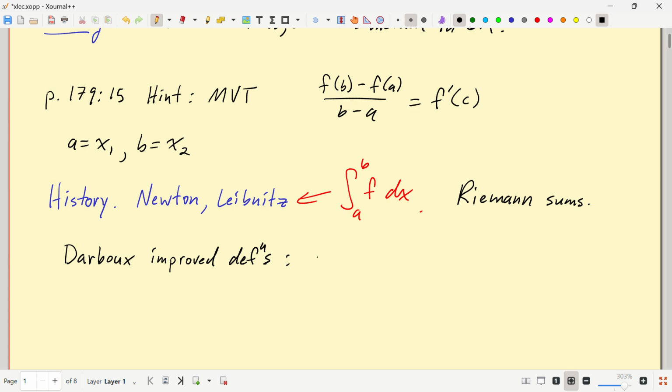His definition, which they call the Darboux integral, is exactly the same as the Riemann integral. The functions that have a Darboux integral and a Riemann integral are exactly the same. So it was just an improved way of talking about this subject.